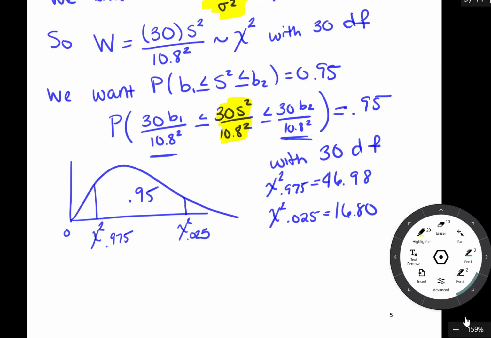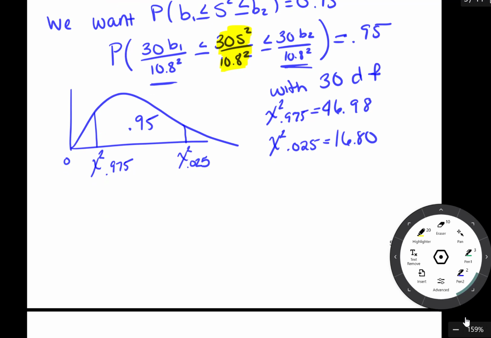So now we have what we need to solve for b1 and b2. So for example, to find b1, we're going to set 30 times b1 divided by 10.8 squared equal to 46.98.